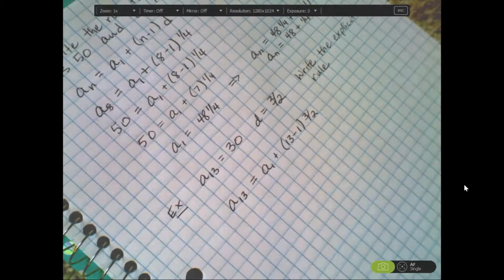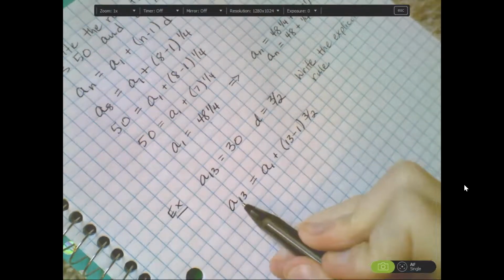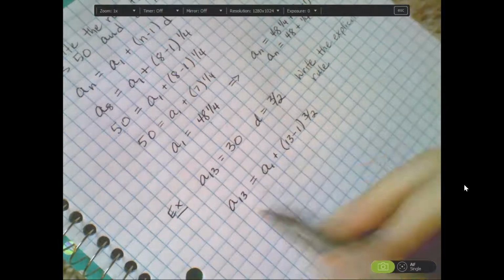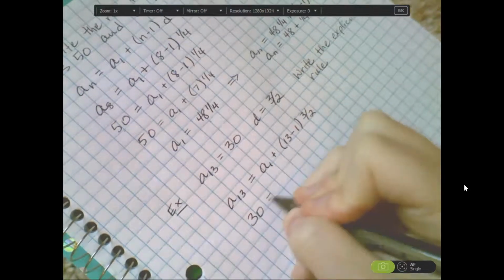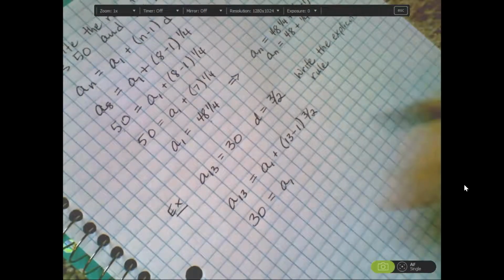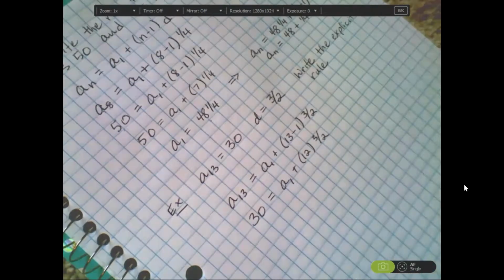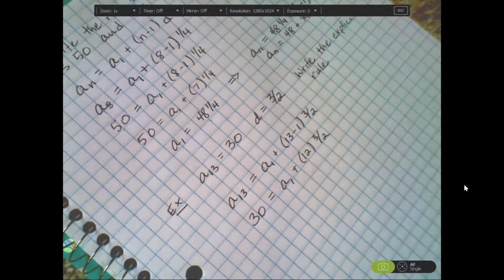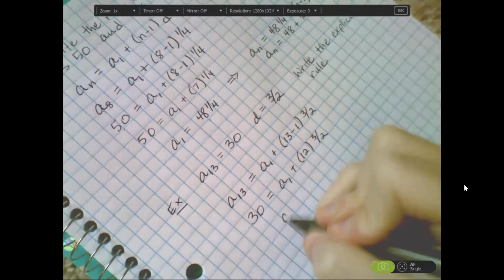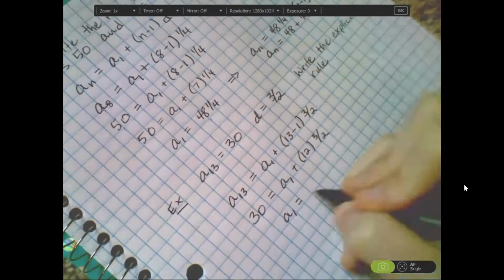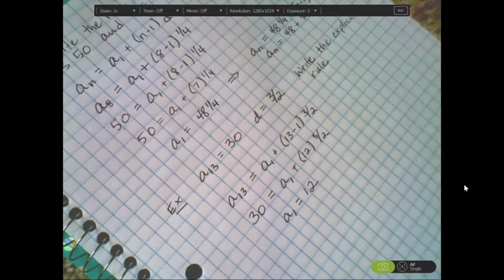And then I'm going to simplify a little bit. We know the 13th term is 30, so this is 30. This is a sub 1. This is going to be 12 times 3/2. And so if we simplify that a little bit, we're going to figure out that our A1 is 12.